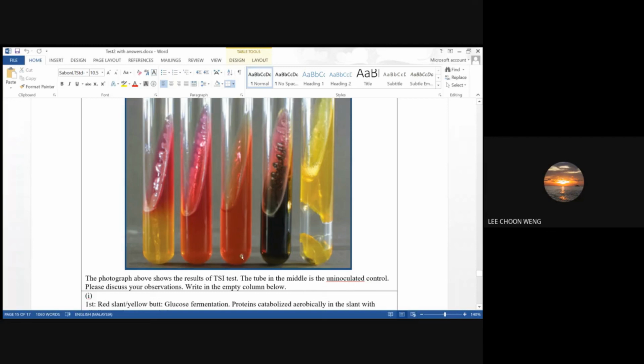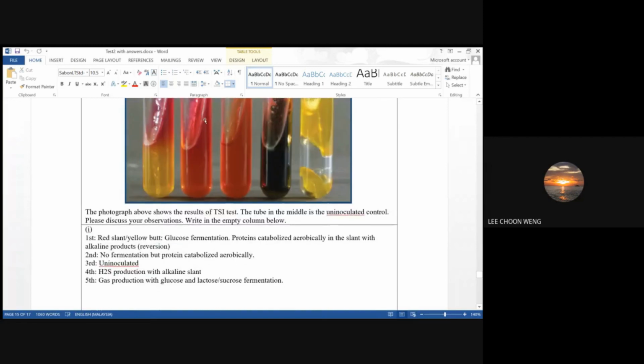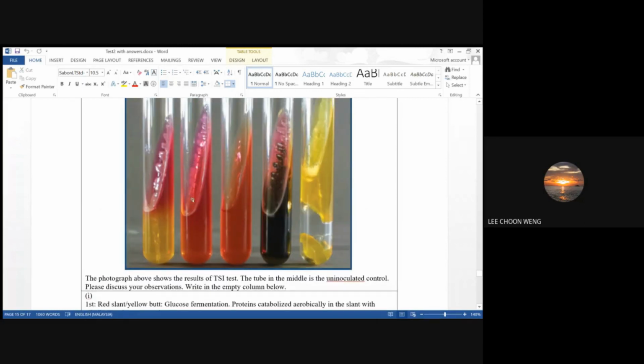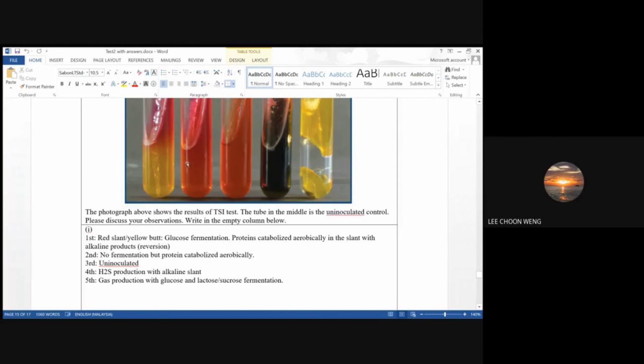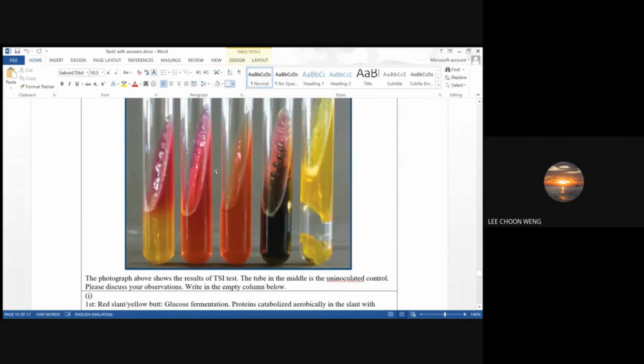This is the uninoculated control. Here you can see there is some reddish here. So you see protein catabolized aerobically, but nothing happening in the butt. So this is slant, this is butt. Here, definitely you can see hydrogen sulfide formation.